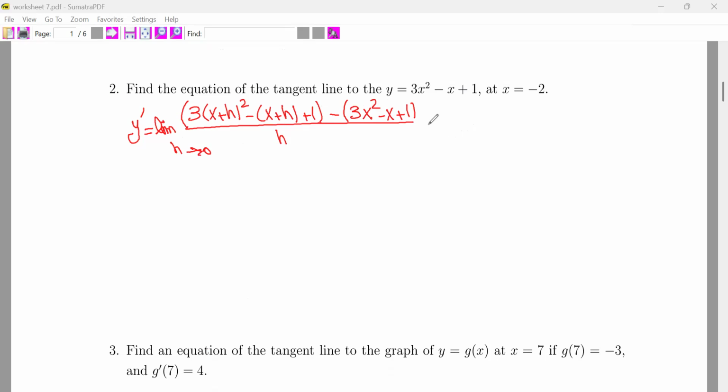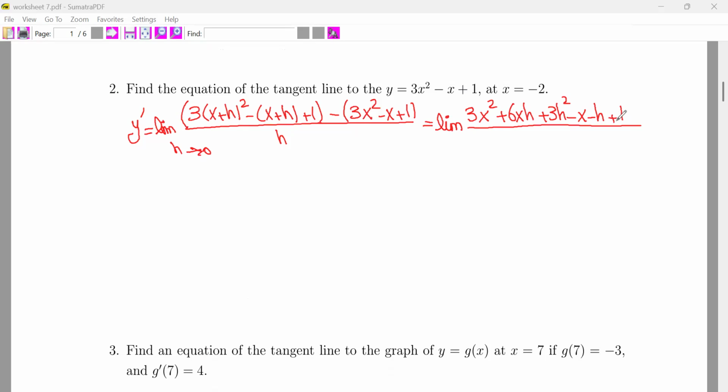Now you can either use the formula or just multiply x plus h by itself, and you would get 3 multiplied by x squared plus 2xh plus h squared, minus x minus h plus 1.